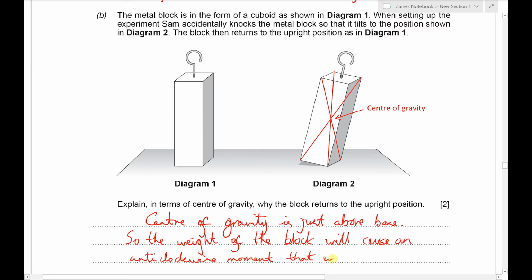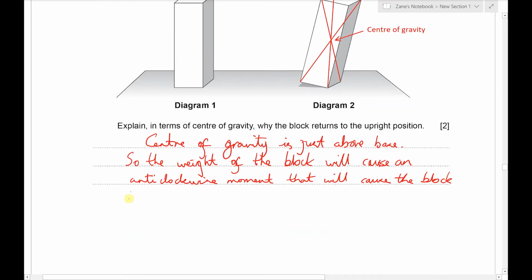That will cause the block to return to the upright.